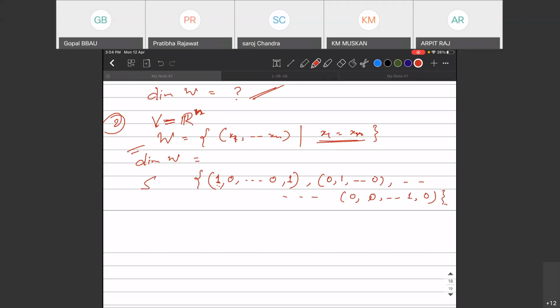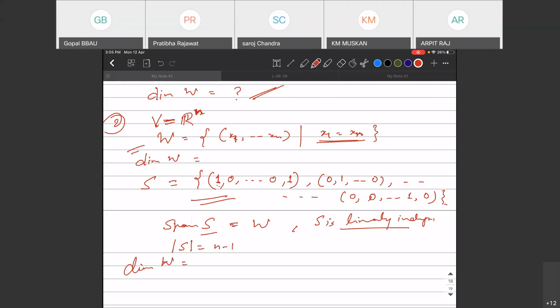This is a set S consisting of n-1 elements. S spans W, and clearly it is linearly independent. So S spans W, S is linearly independent, therefore it is a basis, and hence dimension of W is n-1.